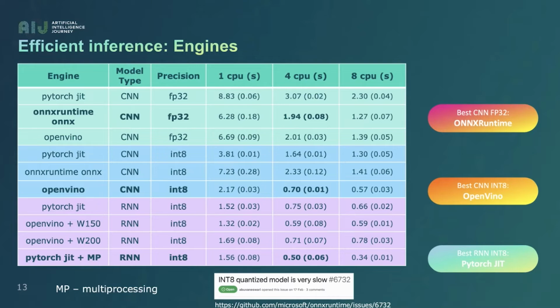Let me describe the content of the big table on the slide. We chose two types of modules, CNN and RNN. I'm not specifying architectures on purpose because we found out that even changes of specific layer types can greatly affect the final results.